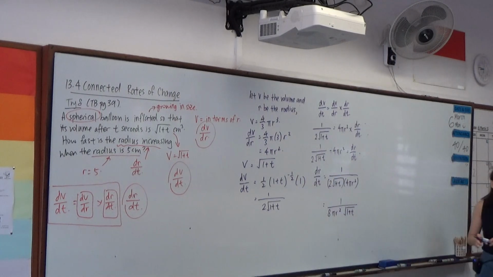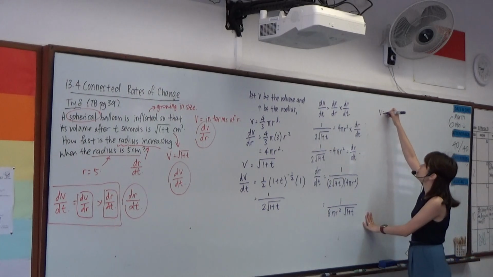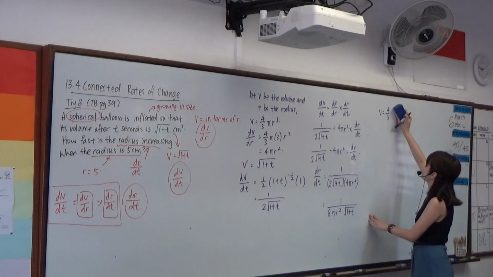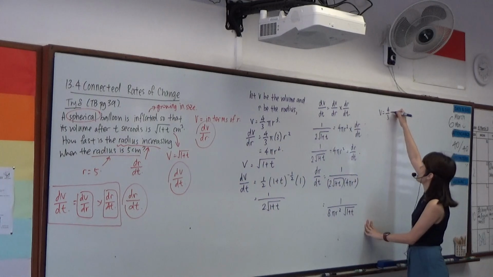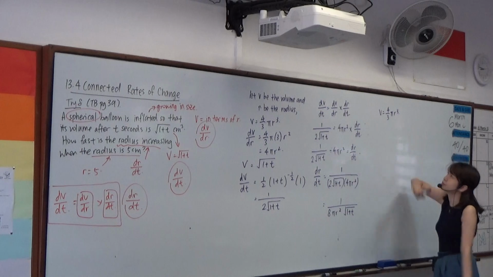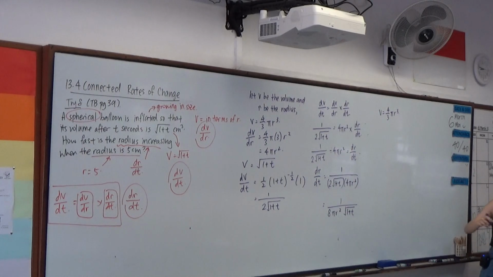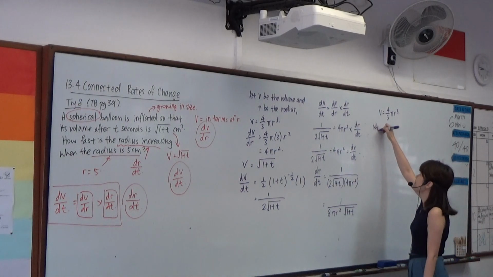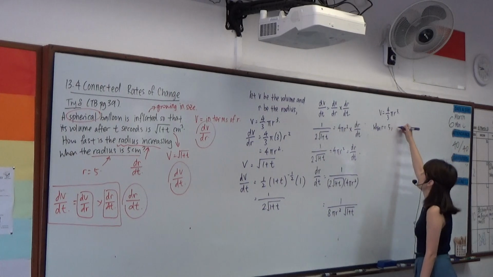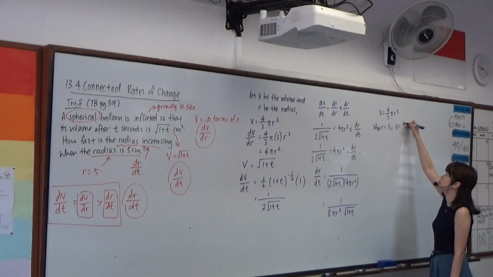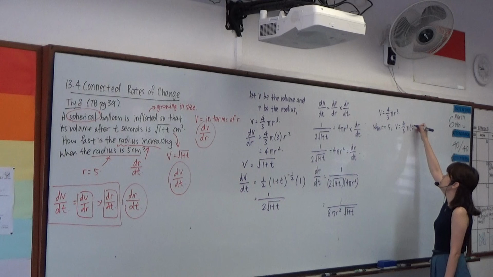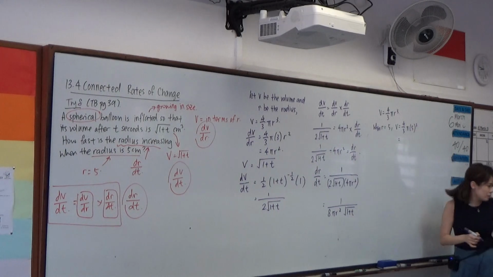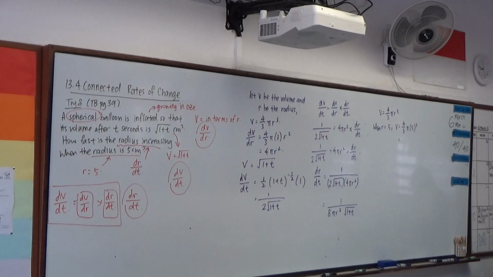So what we need to do to resolve this is that we know the volume can be expressed in terms of r as 4 over 3 pi r cubed. So when r equals 5, I can find the volume, and that will be equal to 500 pi over 3.